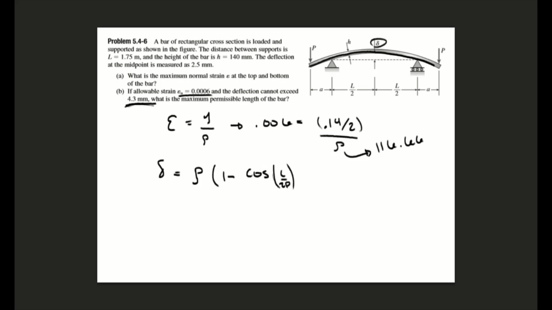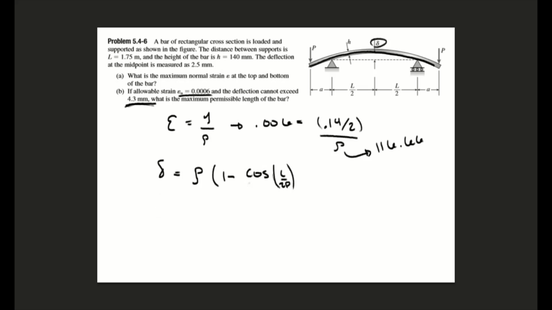So then if we simplify this out, we have L over 2 rho is equal to cosine of 1 minus this. And sorry guys, I'm just sorting this out in my head really fast. Let's try that again.